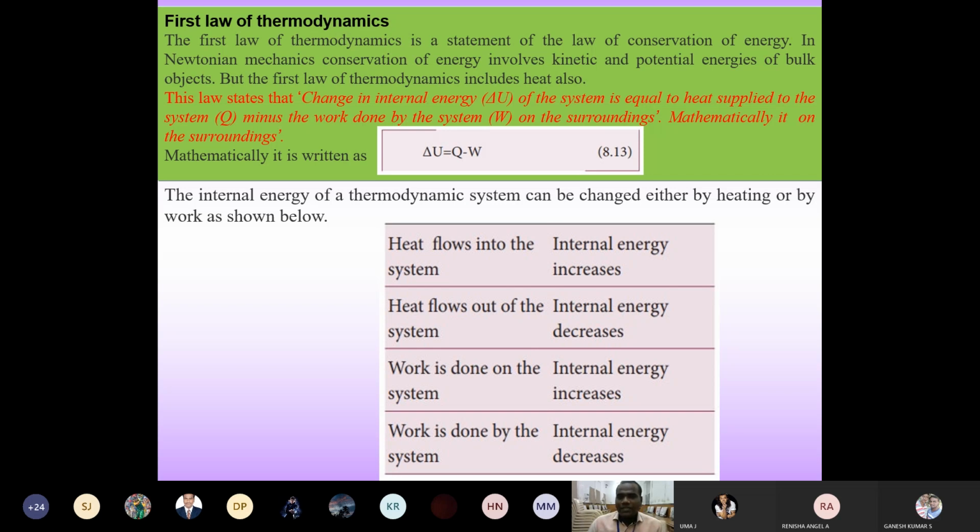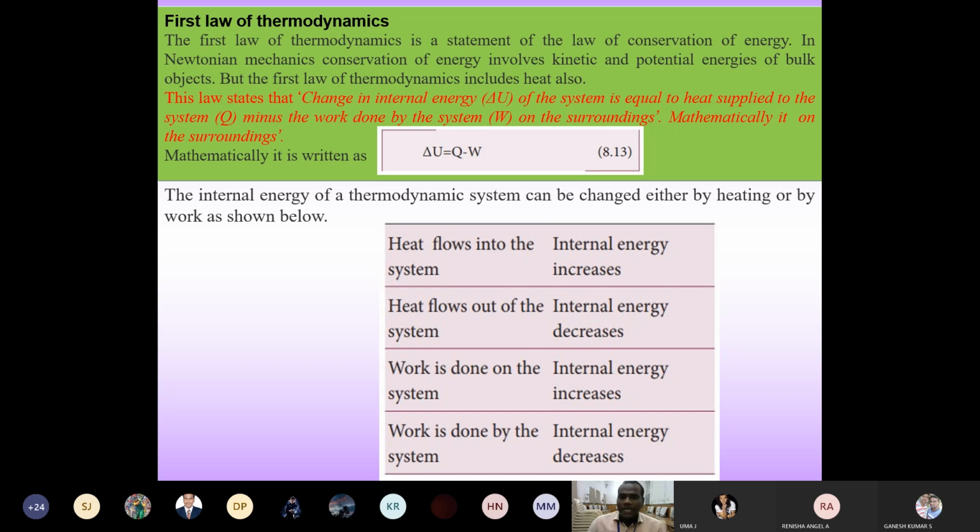If heat energy flows into the system, what will happen? The internal energy will increase. Right. Just assume and imagine. If we add heat to the system, definitely there will be an increase in internal energy.